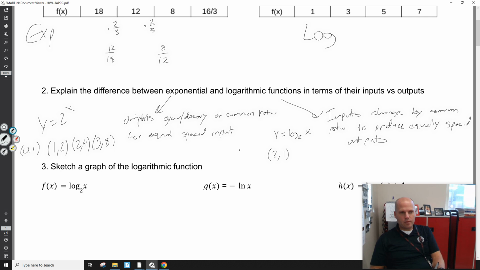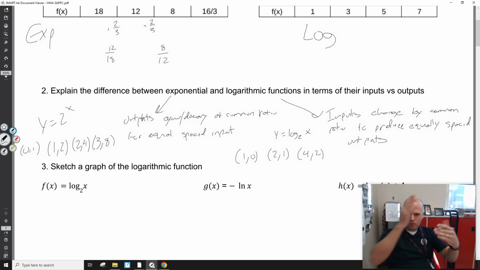That means log base 2 of x has to have the points (1, 0), (2, 1), and (4, 2). To undo, you map your (a, b) to your (b, a). So if this goes from 0 to 1, the inverse has to take 1 and go back to 0.